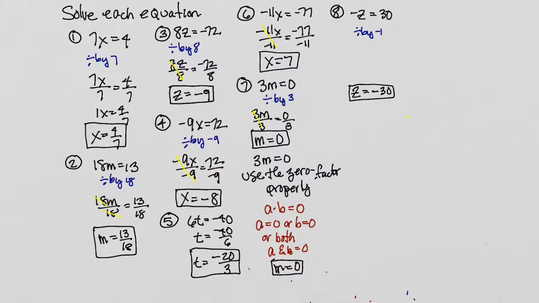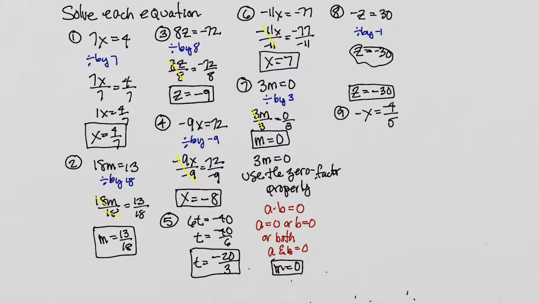Negative 1 divided by negative 1 is just 1, so on the left side we just get a z. And I know that 30 divided by negative 1 is negative 30. So I could have shown all that work, or more simply, I can just show this right here, and I've got the solution a little bit more quickly.